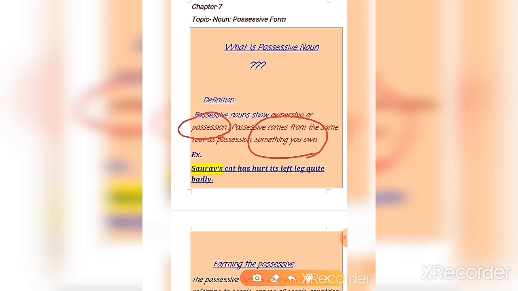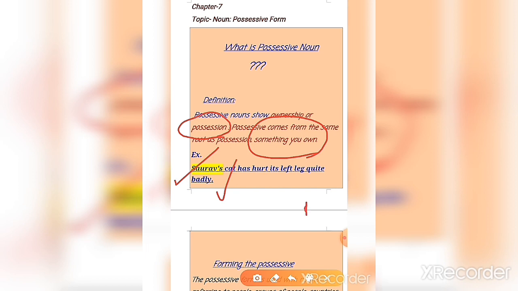You can see that there are two nouns. The first noun is Saurav and the second noun is cat. The possessive noun is talking about another noun given in the sentence. So how Saurav is related to the cat and how the cat is related to Saurav, that is what it is talking about.